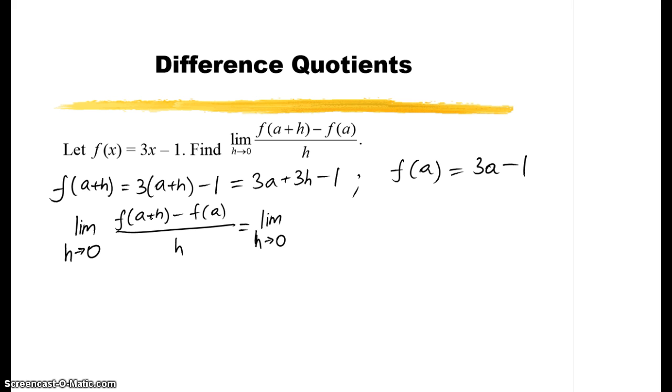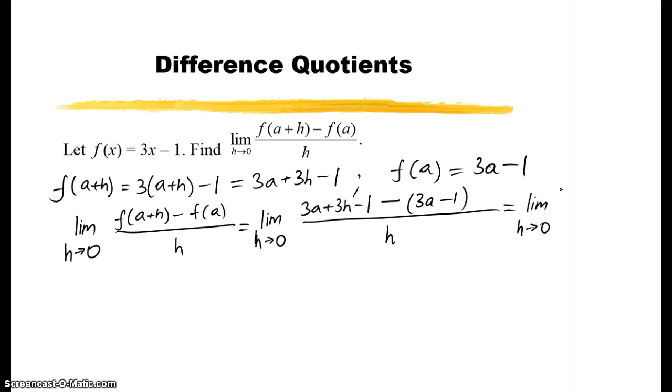Now we can substitute for f of a plus h by writing 3a plus 3h minus 1, right? And f of a, we said, is just 3a minus 1. So minus 3a minus 1, all over h. Okay, well, let's keep going here. Let's keep simplifying this as much as we can. Notice that this is 3a plus 3h minus 1 minus 3a, when you open up the parentheses, plus 1, all over h.